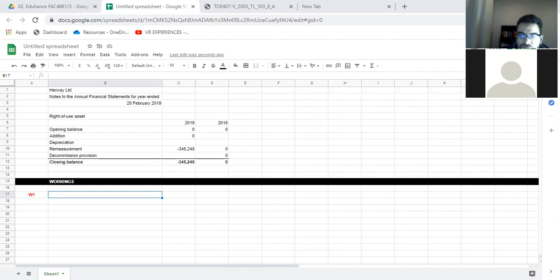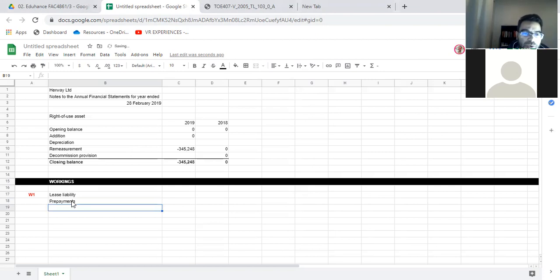Okay, so remember the right of use asset is made up of 4 components. It is made up of the lease liability. It was made up of the lease payments made at or before commencement date, which is basically called prepayments.